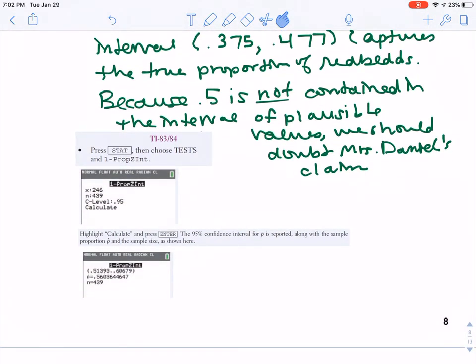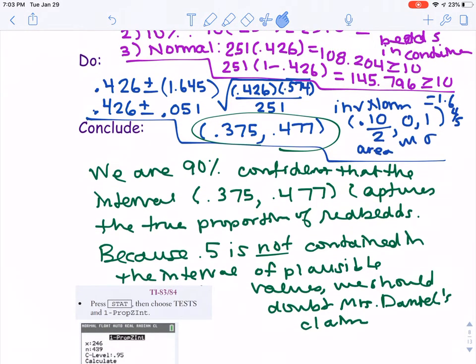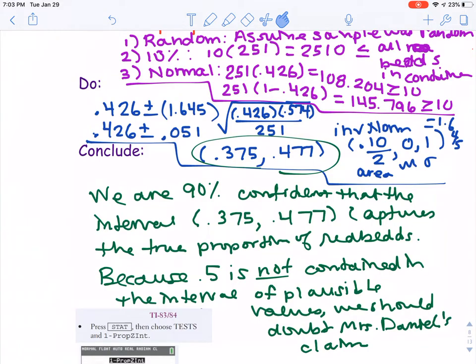Okay, now what I'd like to show you real quick is how you can do these confidence intervals on your calculator. Now, I say this with a word of caution. When you do this on the calculator, it is only really replacing this do step.